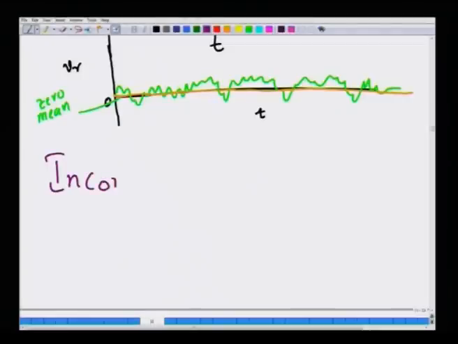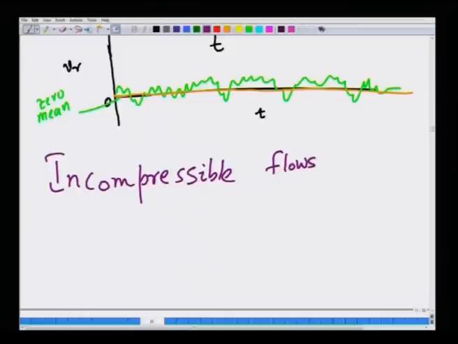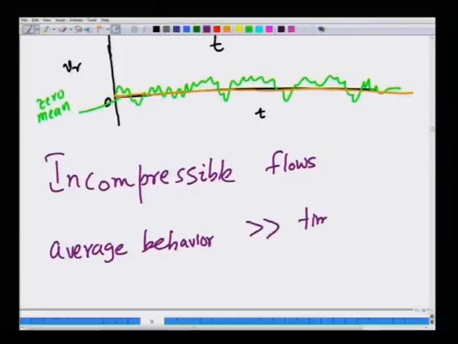And we are going to restrict ourselves to incompressible flow as before. So we are going to restrict ourselves to incompressible flows, and we are interested only in average behavior over time scales large compared to time scales for variations of turbulent fluctuations.